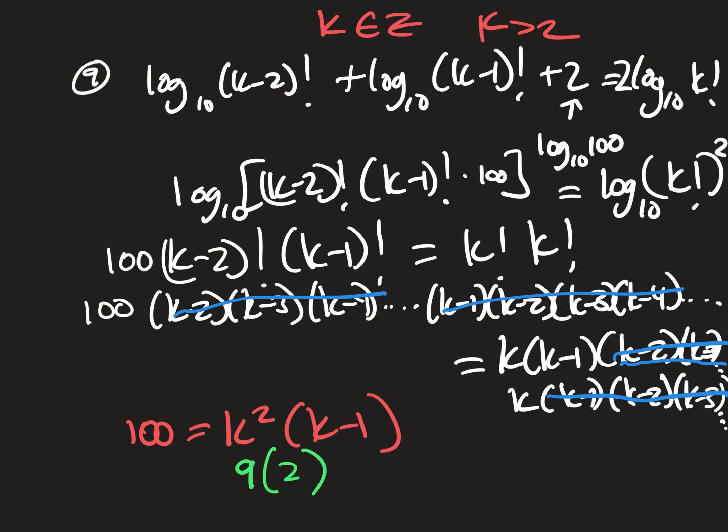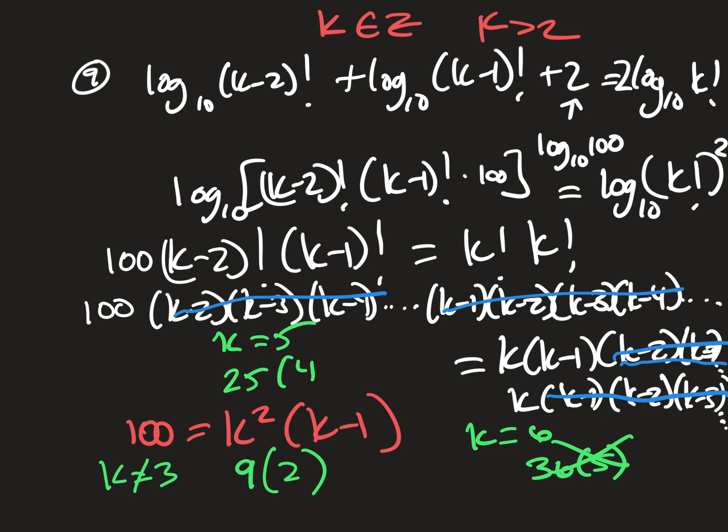So it's not going to be 3. Let's test something like if k were 6. If k were 6, I'd get 36 times 5, which is bigger than 100. So that's a no-go. So it's somewhere between 3 and 6. Let's test 5. If k is 5, we get 25 times 4, which indeed is 100. So there we go. Boom. It's k equals 5.